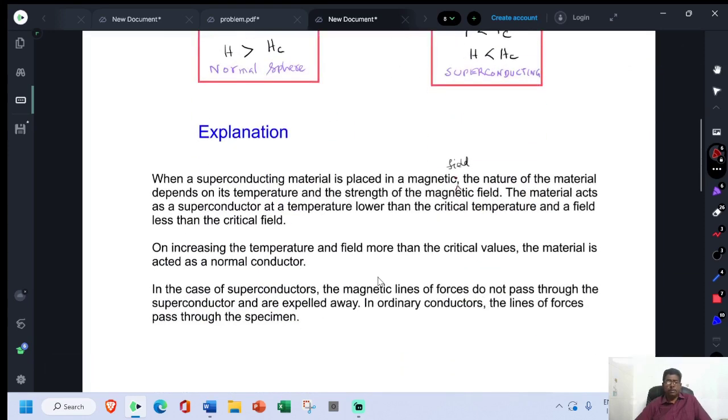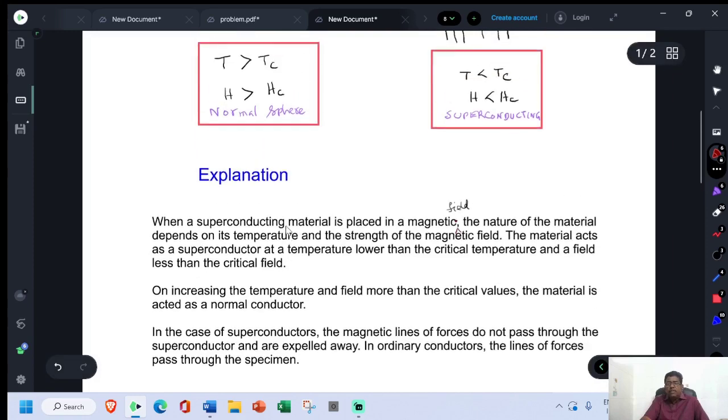Now read out this statement. When a superconducting material is placed in a magnetic field, the nature of the material depends on its temperature and the strength of the magnetic field. The material acts as a superconductor at a temperature lower than the critical temperature and a field less than the critical field.